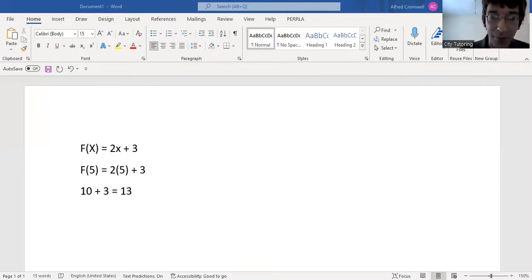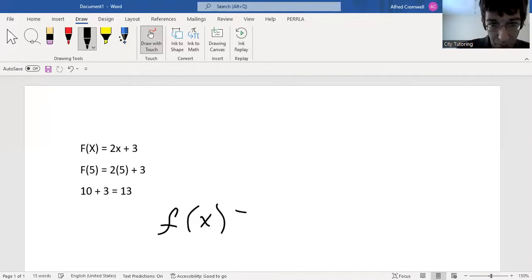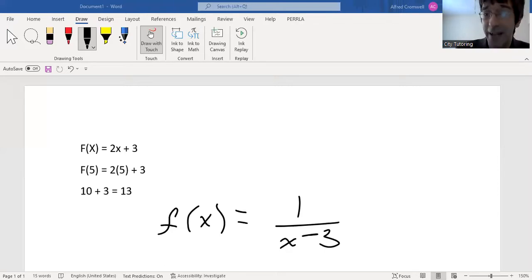As an example of that, let's discuss a new function. Let's do f of x equals 1 over x minus 3. Here, if you plug in 3 for x, you can't say that's part of the domain, because you would have 1 divided by 0.